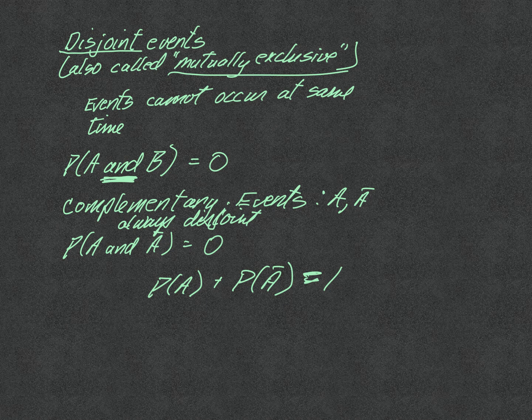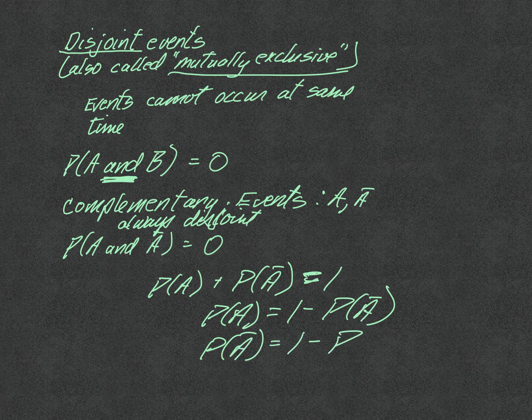And once you can say this, then you can say the probability of A equals 1 minus the probability of the complement. Or if you wish, the probability of the complement is equal to 1 minus the probability of the event. And that just comes from this natural statement.